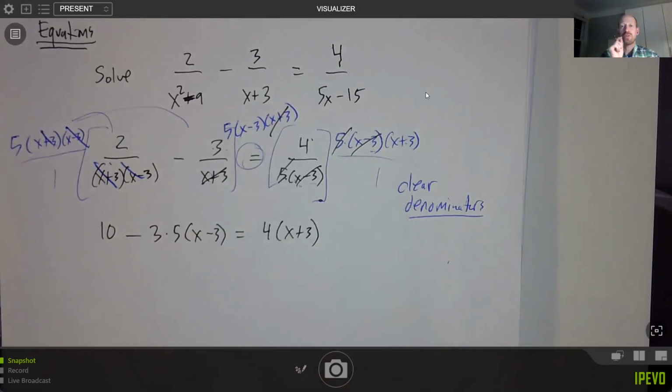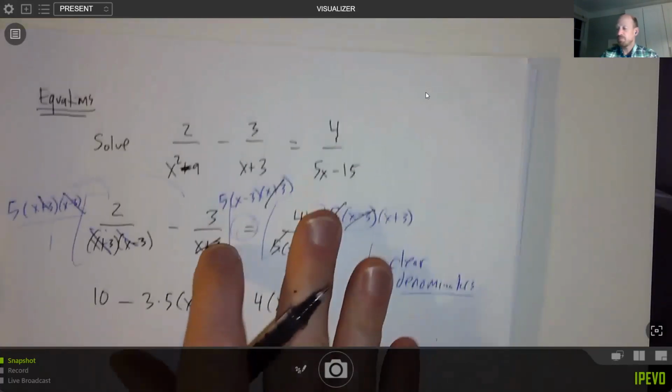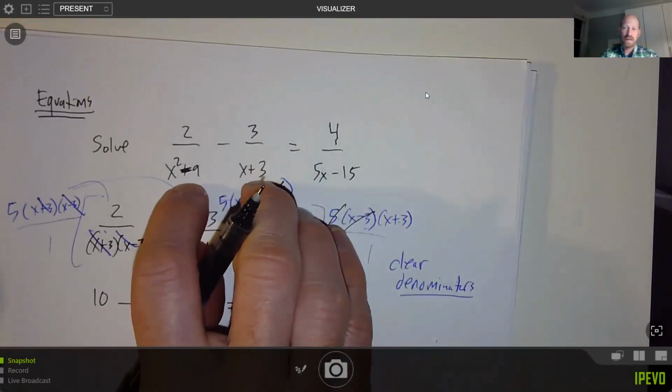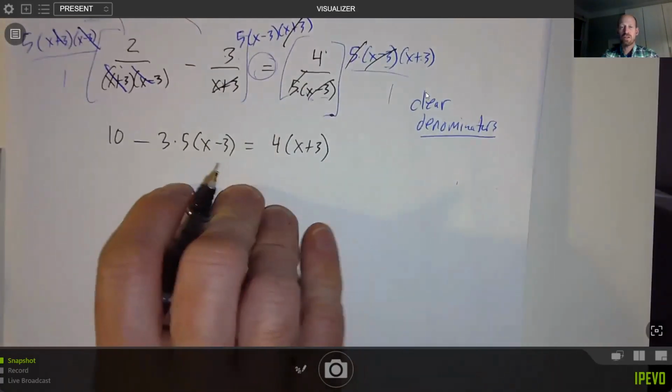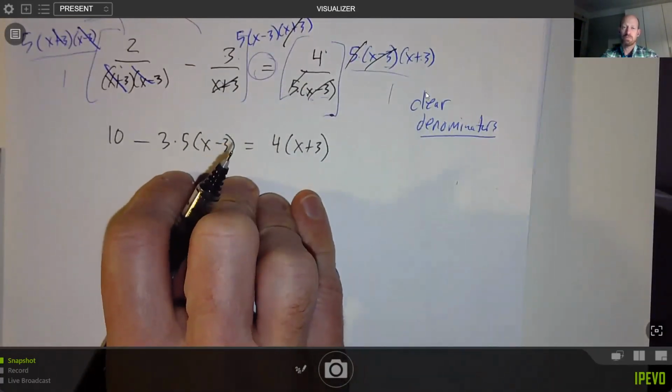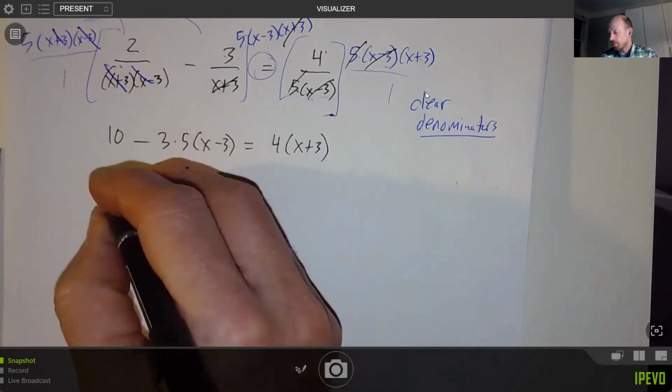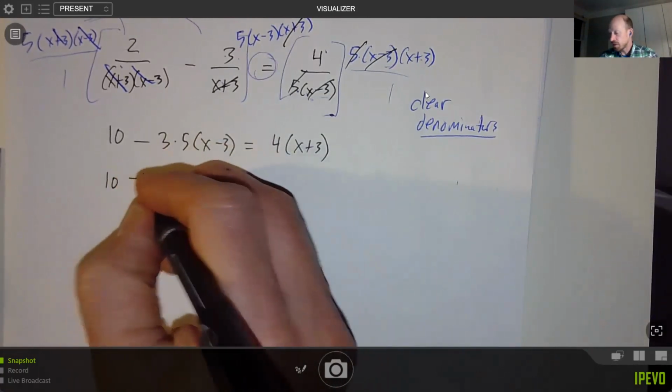What we're doing is we're taking what is kind of a miserable looking equation with fractions and variables, and we're turning it into a much better equation. In this case, this turns out to be a linear equation.